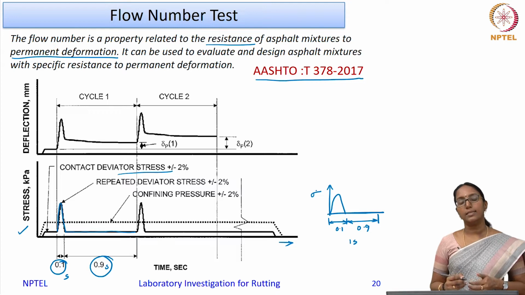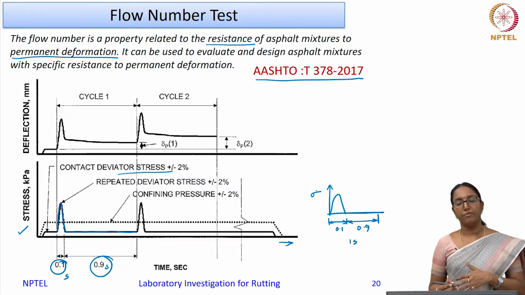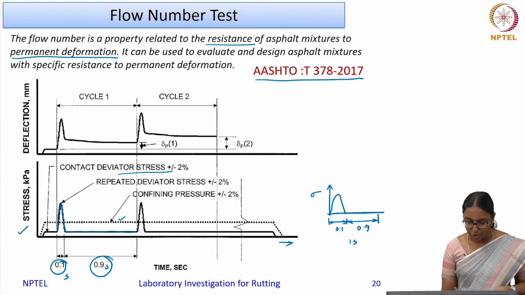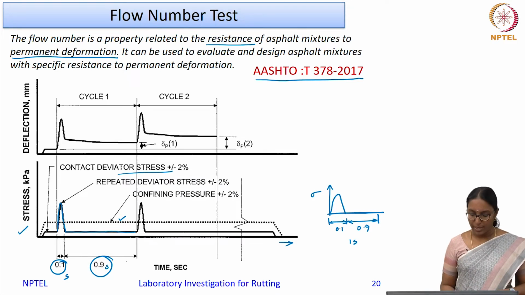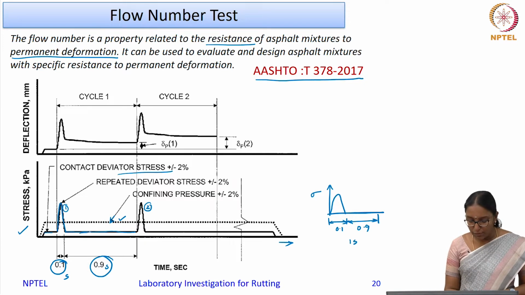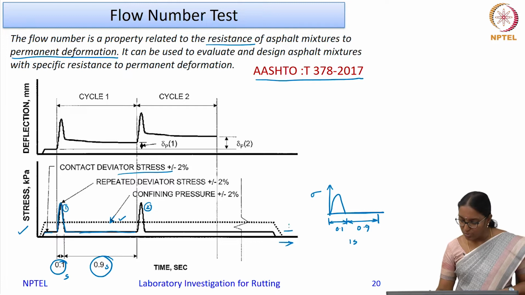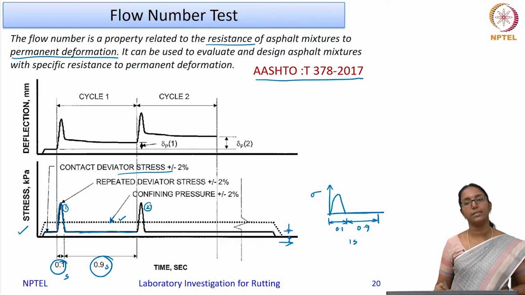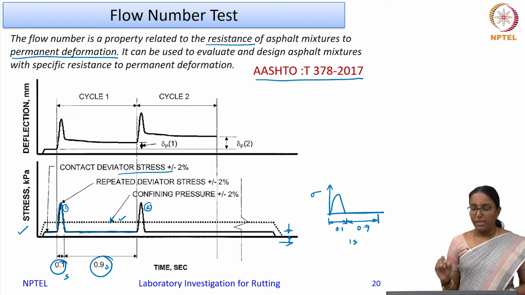This test can be done in a confined or unconfined condition. If it is a confined condition, you will have the confining pressure also. In the bottom figure, these are the test cycles: this is cycle number 1, this is cycle number 2, and so on. This is the confinement pressure, and this forms the contact pressure, which is always applied on the material.